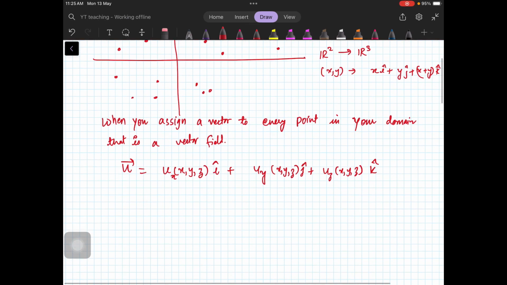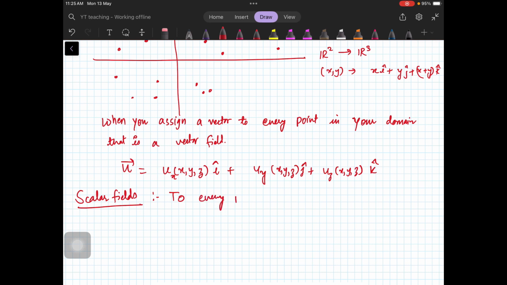Now what about scalar fields? Scalar fields are simple. They are functions where to every point in your domain you assign a scalar quantity.